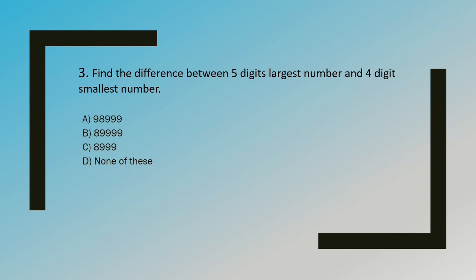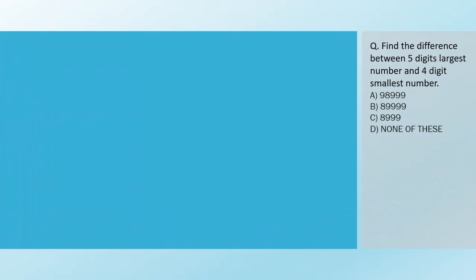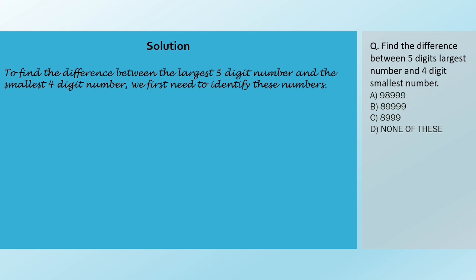Our next problem has a little bit of a twist. We have the largest 5 digit number and the smallest 4 digit number. Here we again have multiple options. To find this, we have to find the largest 5 digit number and the smallest 4 digit number.